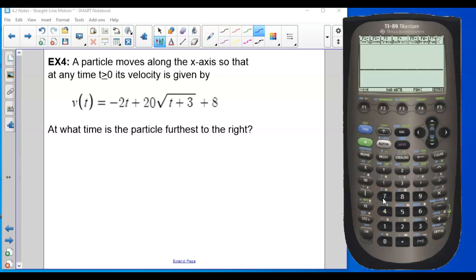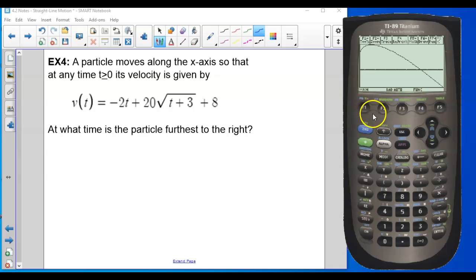So if we look at this, our particle is moving to the right whenever our velocity is positive. And then it moves to the left whenever it becomes negative. So our particle is moving to the right, and then right here it switches and it moves to the left. So it's got to be furthest to the right, right here at this point.